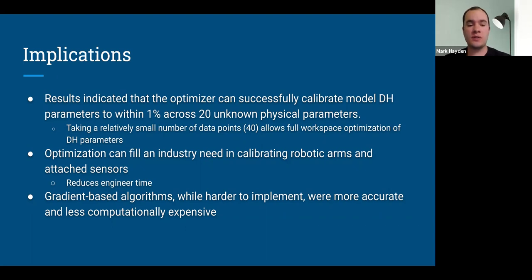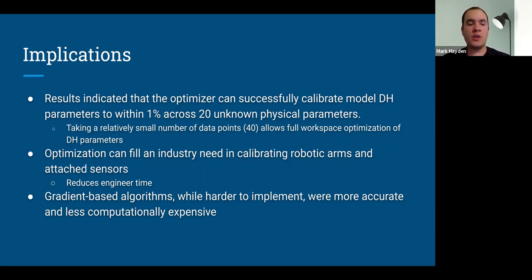By taking a relatively small number of data points, only 40, it allowed us to create a full workspace optimization of those DH parameters. This type of optimization could fill an interesting need in calibrating robotic arms and attached sensors. This could reduce engineering time calibrating these different devices and could save money.